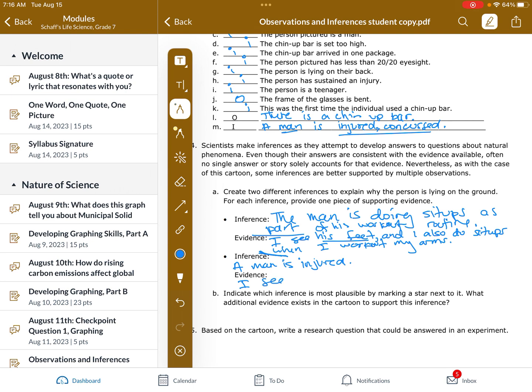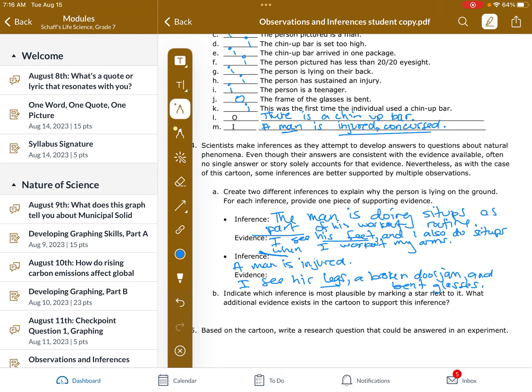I see his legs, a broken door jamb, and bent glasses. Same evidence supports two different inferences. I see his legs, I see his legs. So you see how that would be kind of bad in a crime case.